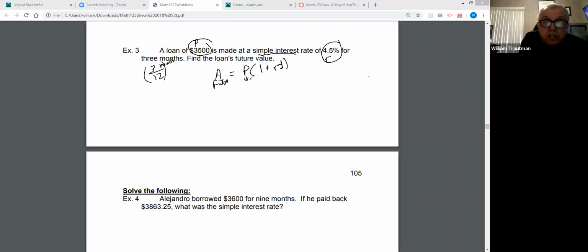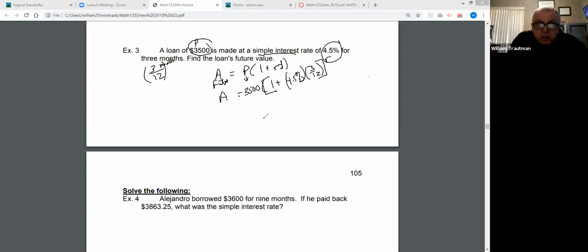P is the starting value, 3,500. 1 plus the interest rate was 4.5%. And the time was 3 over 12 to change it to years. A is the future value, the value in the future. P is the present value.